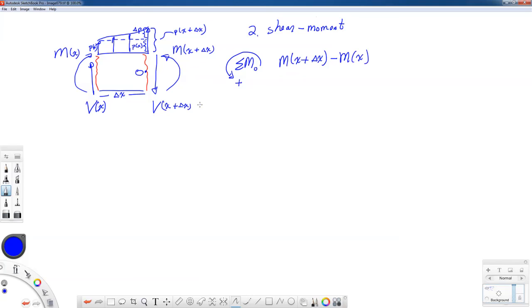The V of x plus delta x has a 0 moment arm, but I have a minus shear force on the left-hand side, V of x, times the moment arm distance of delta x.